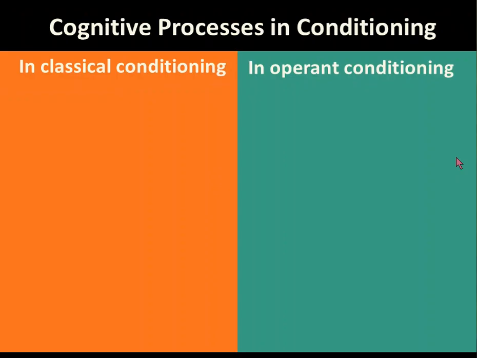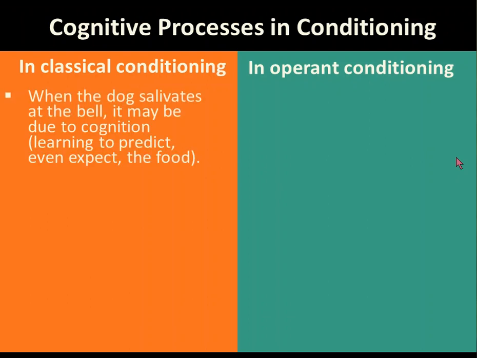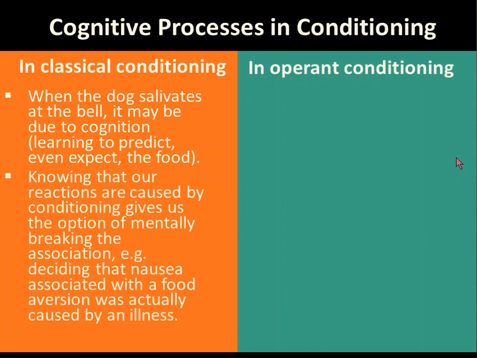So we see there are cognitive processes in conditioning. When the dog salivates at the bell, it may be due to cognition, learning to predict, even expect the food. Knowing that our reactions are caused by conditioning gives us the option of mentally breaking the association, for example, deciding that nausea associated with a food aversion was actually caused by an illness.